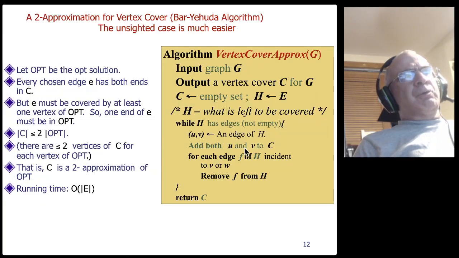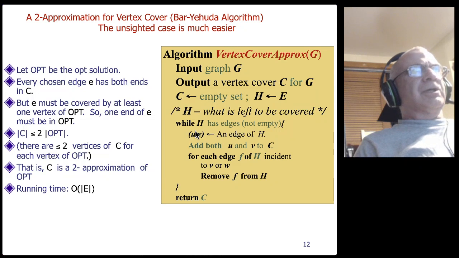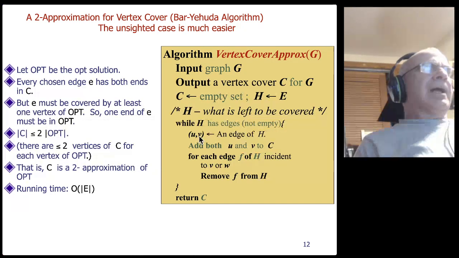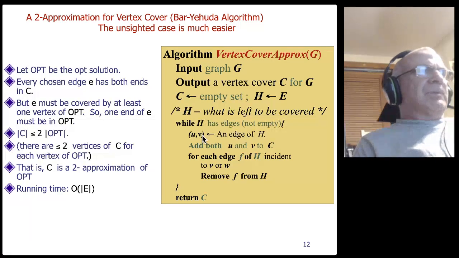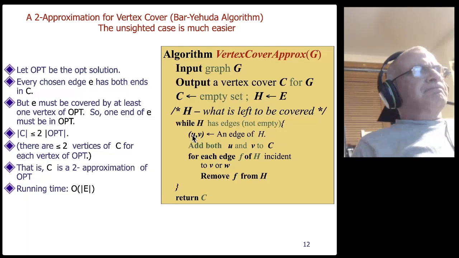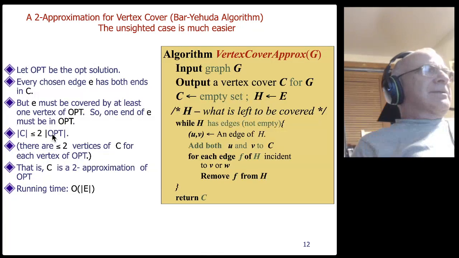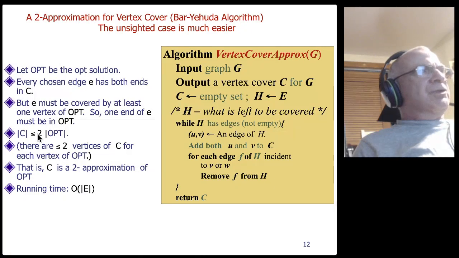However, the optimum definitely uses either u or v, because if neither u nor v is in the optimum cover, then the edge uv is not covered, implying that our optimum cover doesn't work. So for every vertex in the optimum, we are taking 2 vertices to be in C. Hence, the cardinality of C is at most twice the cardinality of the optimum.